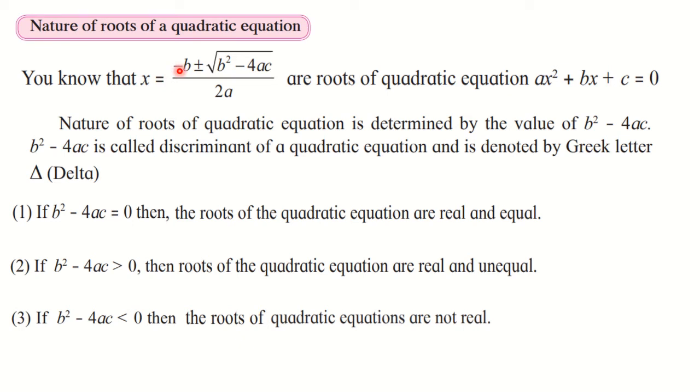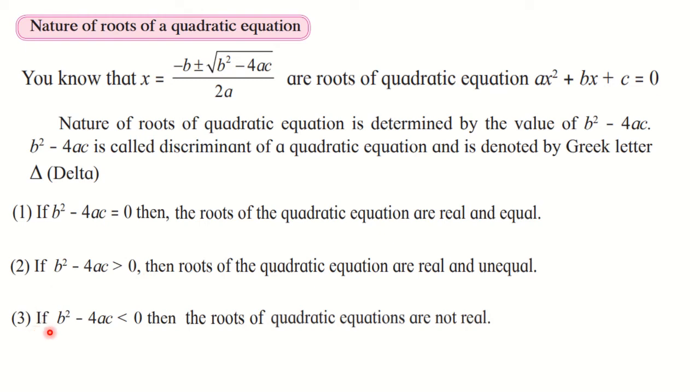So we are going to get two different roots, once taking plus, once taking minus. To be more specific, if you get this number as a perfect square, then the roots will be rational. And if you are not getting this number as a perfect square, then the roots will be irrational.